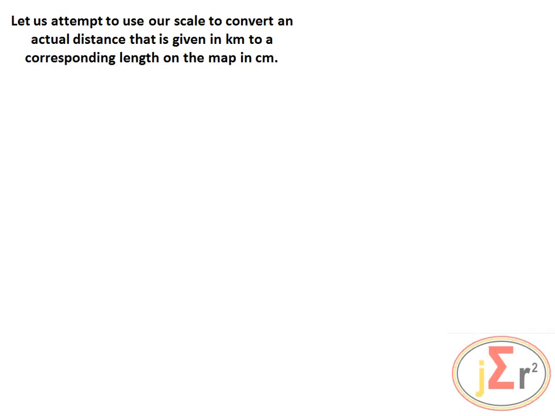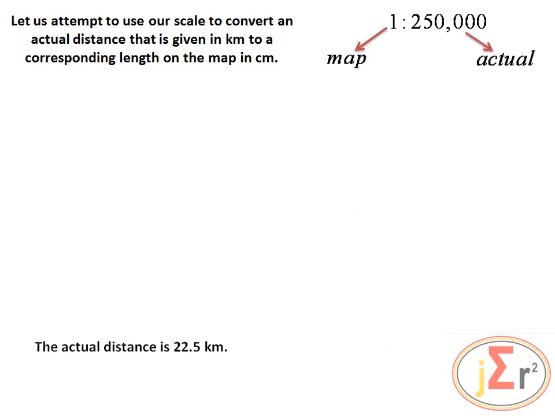Let us use our scale to convert an actual distance that is given in kilometers to a corresponding length on the map. So give something in kilometers: 22.5 kilometers. We are attempting to use our scale to convert an actual distance that is given in kilometers to a corresponding length on the map.